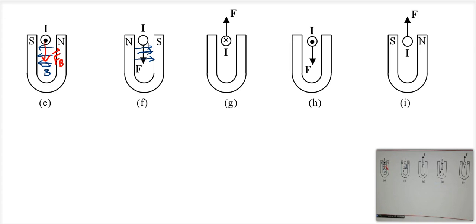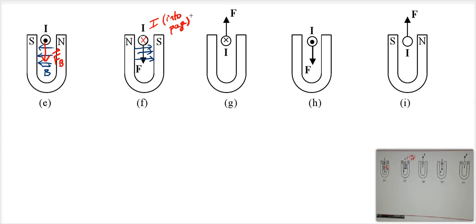Moving your hand such that your fingers point to the right and your palm faces down, you'll see that your thumb must be pointing into the screen. And if it's going into the screen, that means our current is shown like an X in here. So I is into page.